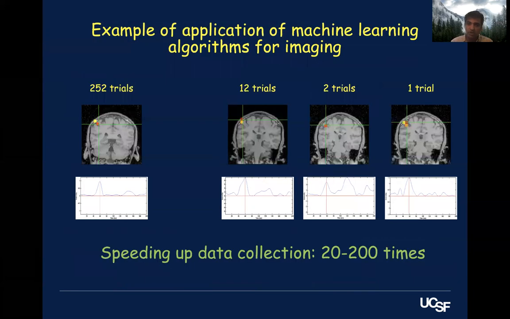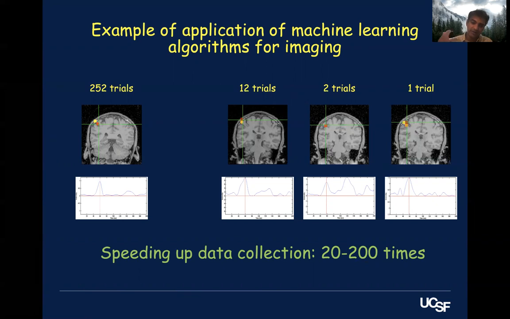So I'm going to give you an example of my bioengineering application. One advantage of using machine learning algorithms in brain imaging is you can really rapidly speed up data collection. What I'm showing you here is our ability to reconstruct part of the brain that responds to touch on the skin surface. This part of the brain is called somatosensory cortex.